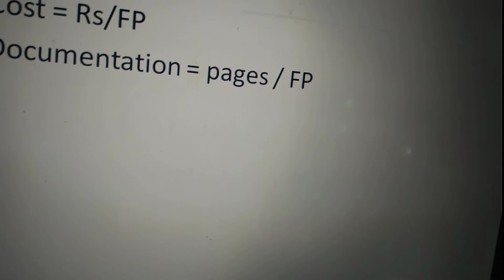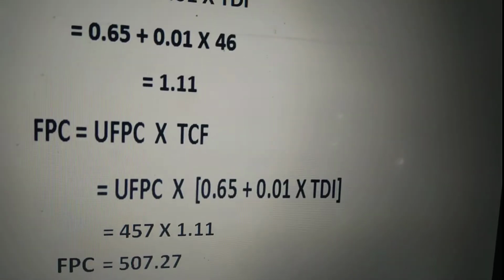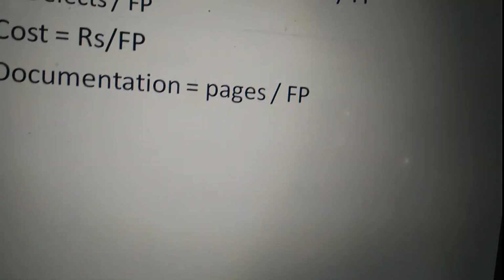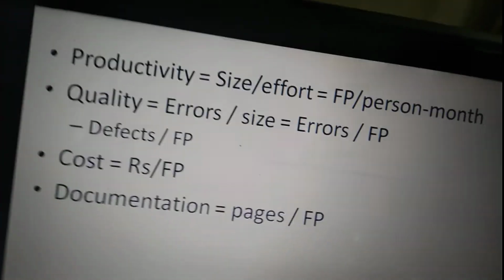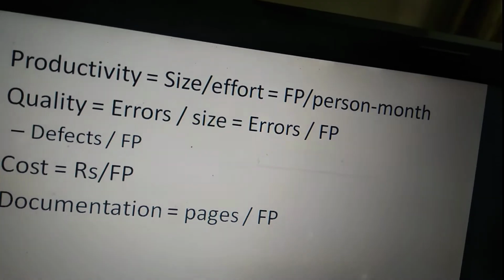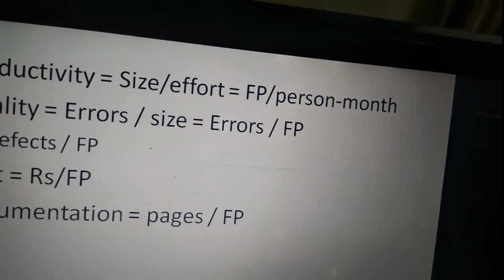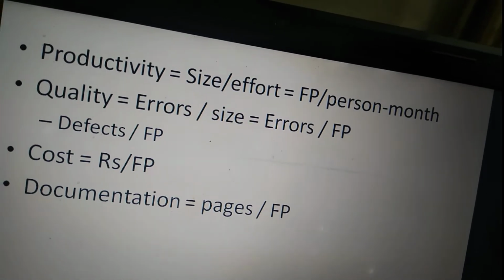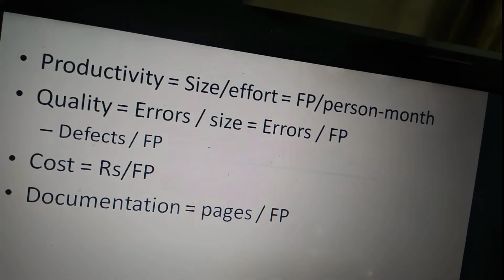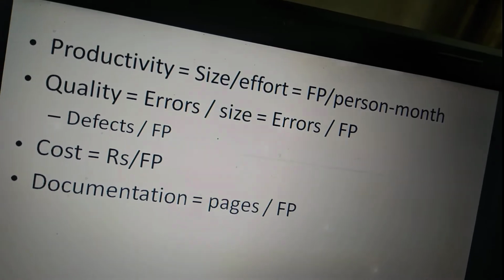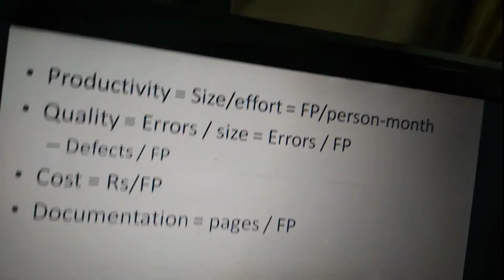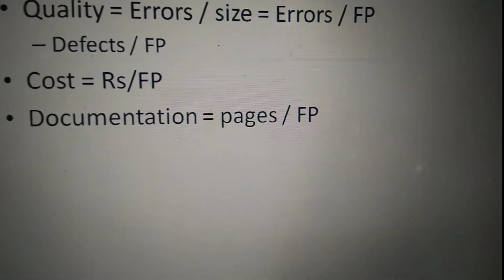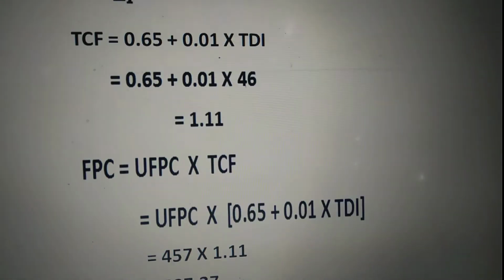So this gives the size of the software in terms of function point count, 507.27. So with this, we can estimate the productivity as size by effort. We can estimate function points per person month, quality, errors per function point or defects per function point. Similarly, we can estimate the cost, rupees per function point, and documentation, pages per function point. So this is all about the function point metric.